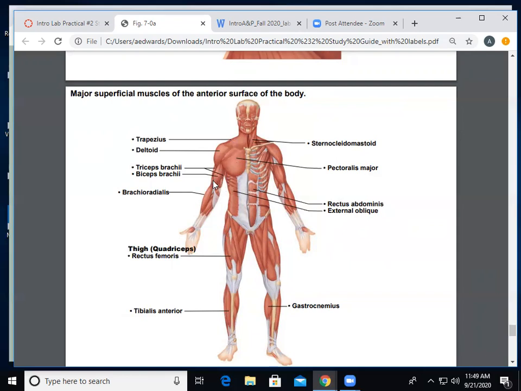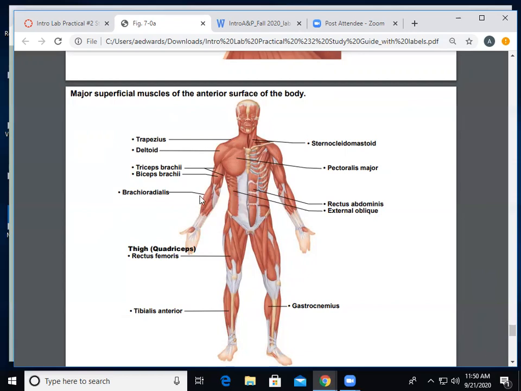In your arm, upper arm, on the anterior surface, you have the biceps brachii because it has two heads. And more, you can see a bit of it, but on the posterior side of the arm, you have the triceps brachii with three heads. Okay, large muscle in the forearm we want you to know is the brachioradialis.